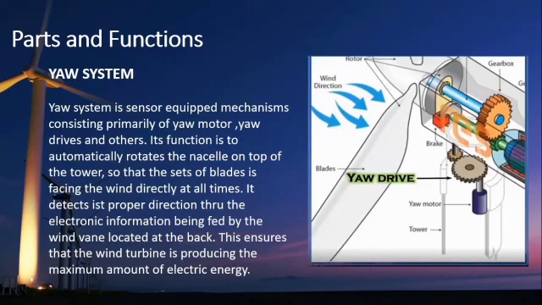It detects the proper direction through electronic information fed by the wind vane located at the back. This ensures that the wind turbine is producing the maximum amount of electric energy.